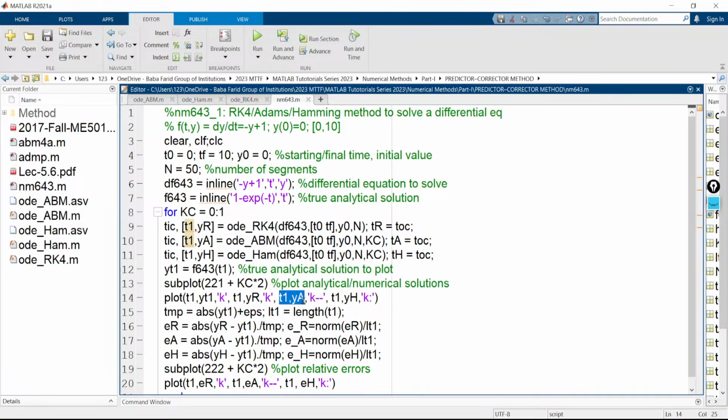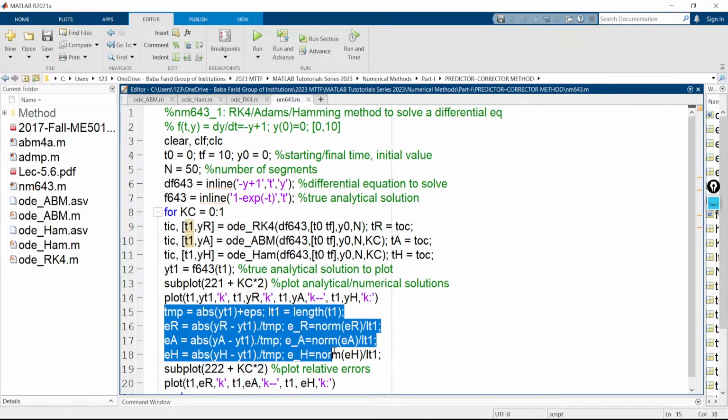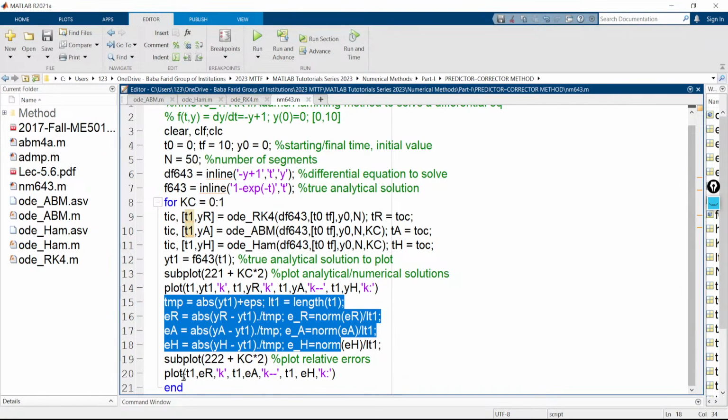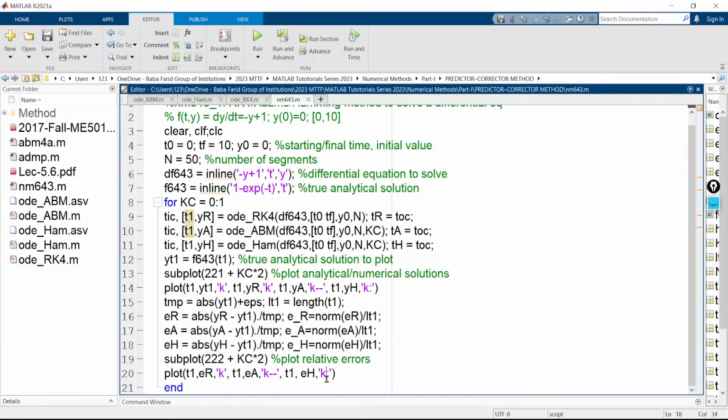One is YR, one is YA, Adams, and this is given by Hamming. So we have 4 solutions, and 4 graphs will be there. These are the absolute errors. And see here the subplot for the same. This one and this one are the same.